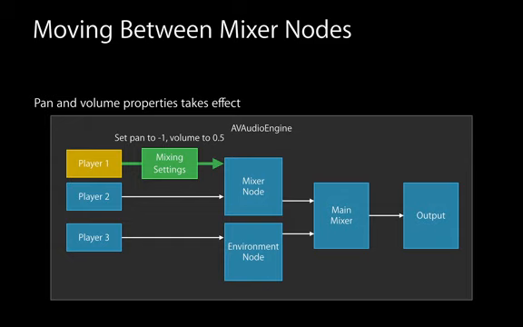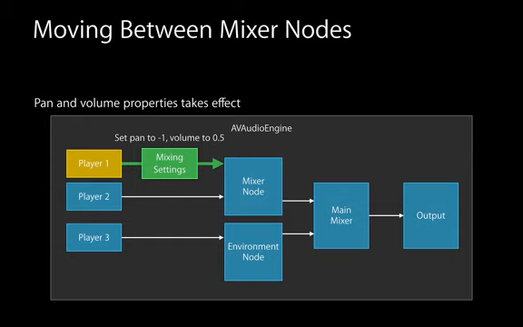So let's say that I have player 1 who's connected to the 2D mixer. I set the pan to be -1 and volume to be 0.5. Note that pan is a 2D mixing property, but volume is a common mixing property. In this case, both of them will take effect because the mixer node implements both of these properties.